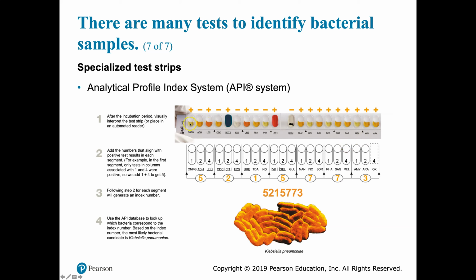Interpretation of a positive versus a negative can be subjective. The way you see it, you say, well, maybe there was a slight color change in this one. Maybe, maybe not. I'm not sure. It looks close. That's a problem. I may look at it and say, yeah, that's a color change. And you may say, well, I'm looking at it and it looks maybe possibly a color change, but possibly not.